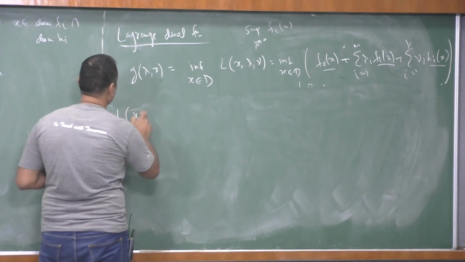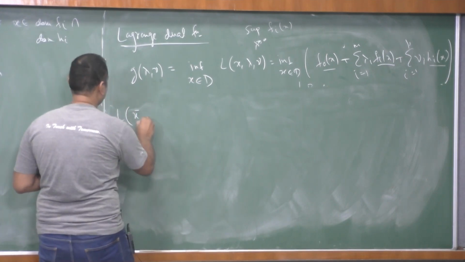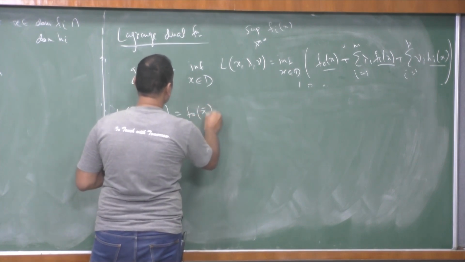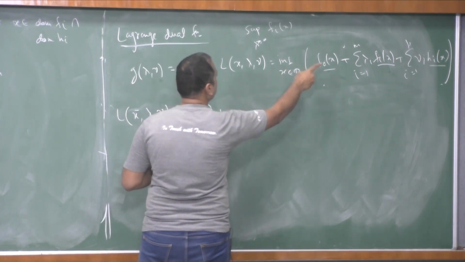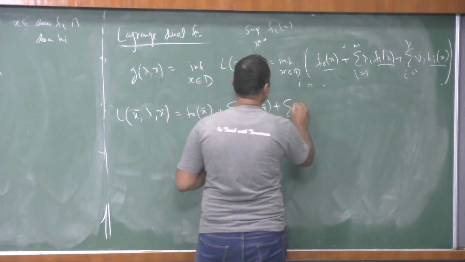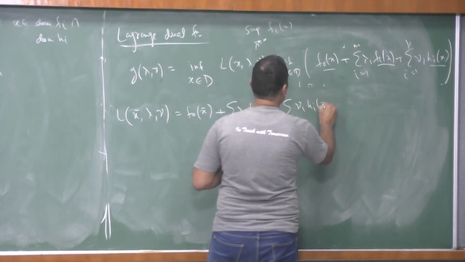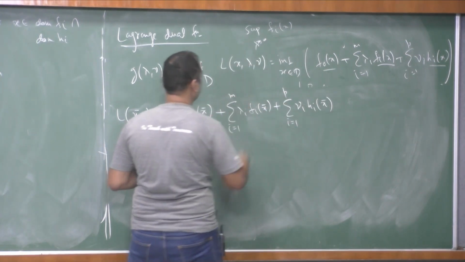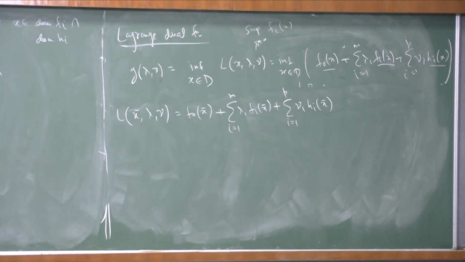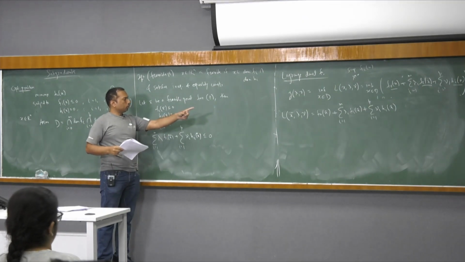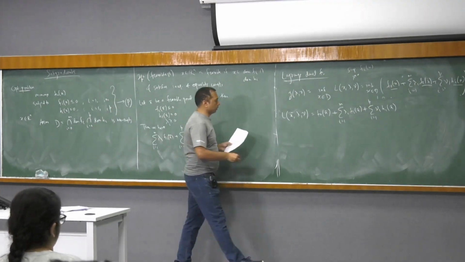Yeah, let us continue to look at the x bar, lambda, nu. Then this is f_0(x bar) plus, everywhere it's x bar, lambda_i f_i(x bar) plus nu_i h_i(x bar). So what does this give me? Because these two terms are less than or equal to 0, the whole thing is less than or equal to f_0(x bar).